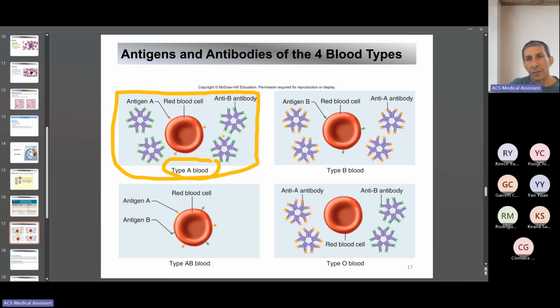Right here, we have antigen A on the surface of the cell. What we have inside is antibody B. So now I know that you have type A: antigen A, antibody B. Same goes for type B.